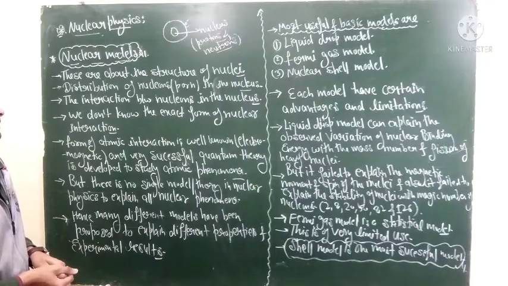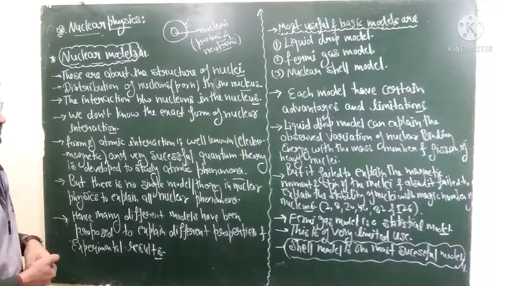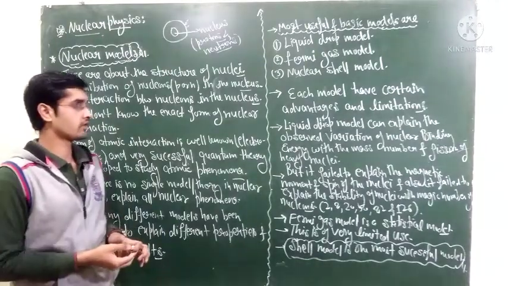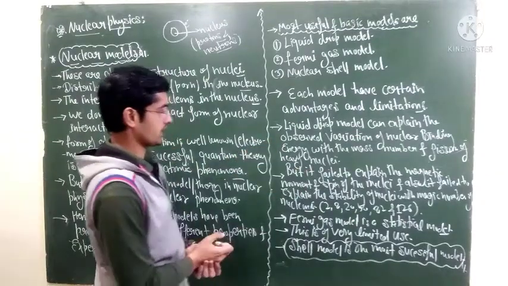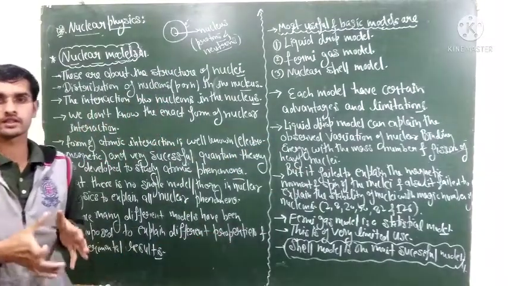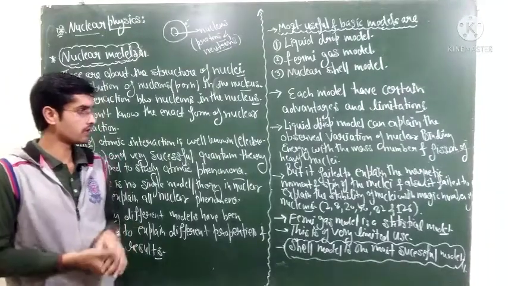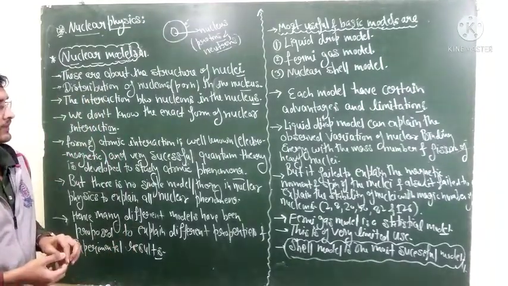It is a very interesting model because it was able to explain the variation of nuclear binding energy with the mass number of the nuclei. It is also very successful in explaining nuclear fission of heavy nuclei.